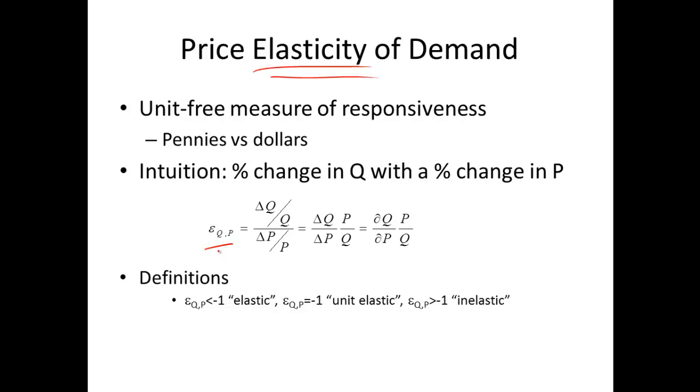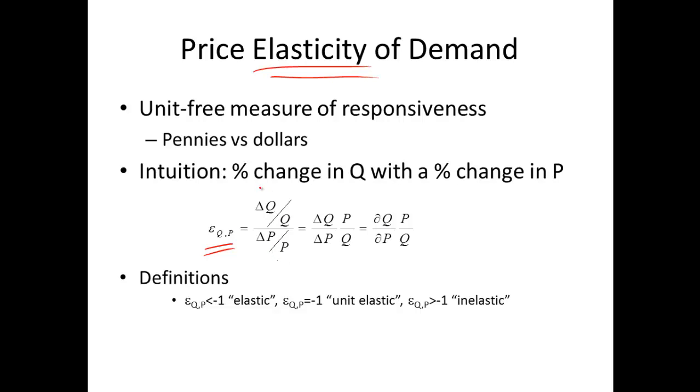We call the elasticity this epsilon, and to be a little bit formal about it, we call it epsilon Q comma P. It's the quantity response to a change in price. And so this delta Q over Q is the change in Q over Q divided by the change in P over P. And so what is that? Well, that's really the percent change in quantity divided by the percent change in price.